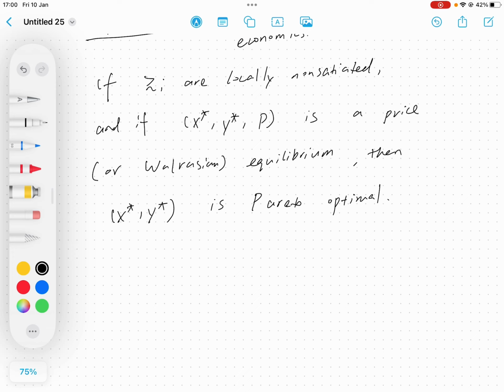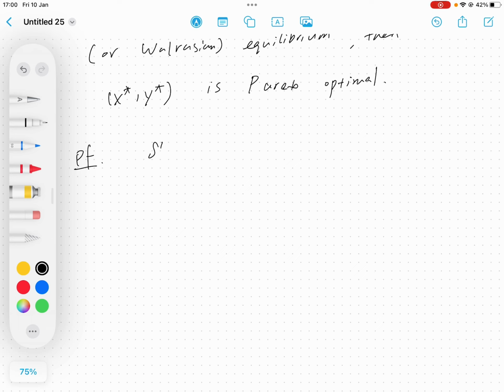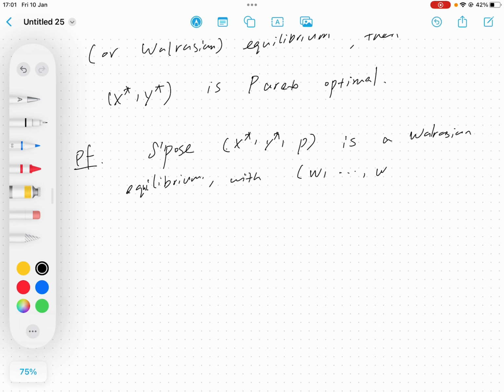All right, now let's prove this. The starting point is that we suppose x star, y star, p is a Walrasian equilibrium with wealth levels W1 up to Wi; this is not omega.